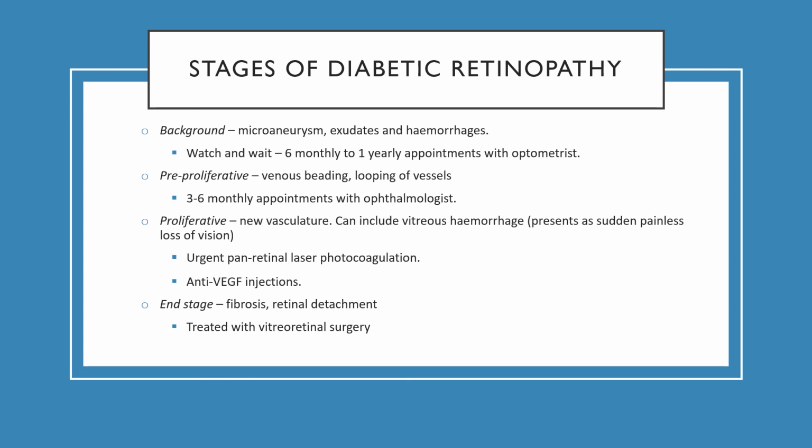Finally, those with end-stage diabetic retinopathy produce large amounts of neovascularization, which then bleeds, fibroses, and can cause retinal detachments due to the significance of the vitreous hemorrhages, fibrosis. And these require specific subspecialized vitreoretinal surgery by ophthalmic surgeons.